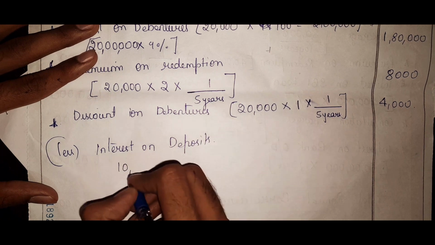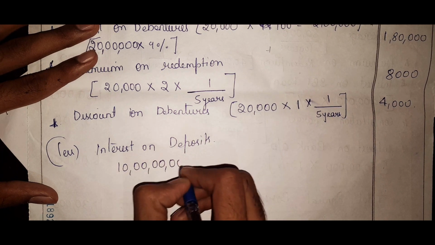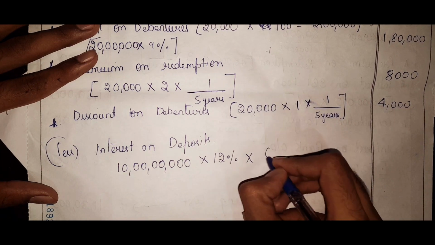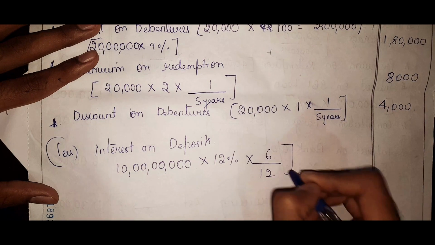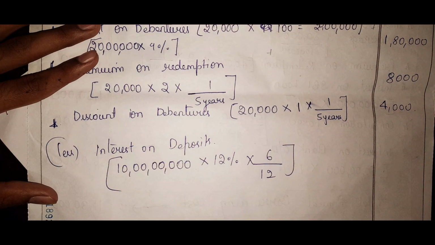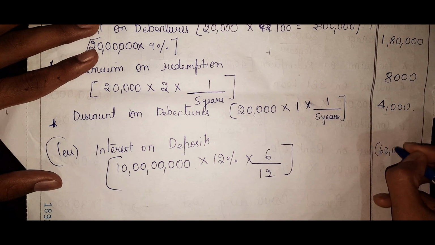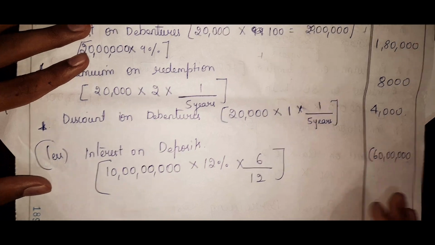Totally we are depositing 10 crores at 12% interest for 6 months out of 12 months. So 10 crores into 12% into 6 divided by 12 will be 60 lakh rupees. So we will subtract these 60 lakh rupees.